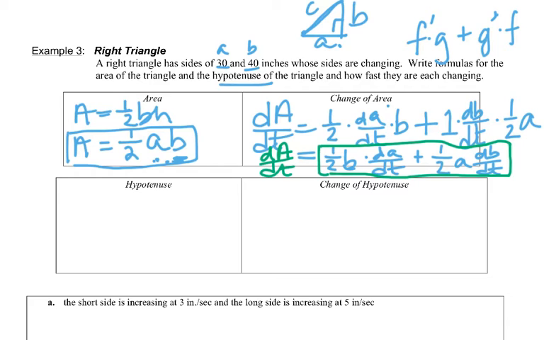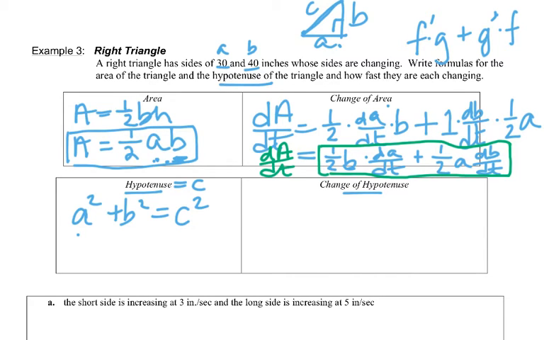Okay, now let's think about the hypotenuse. We can find the hypotenuse using Pythagorean theorem. So we know hypotenuse is c. Pythagorean theorem is a squared plus b squared equals c squared. We don't need to rearrange for c, we can leave it as is and take the derivative to find the change of the hypotenuse. So let's do that.